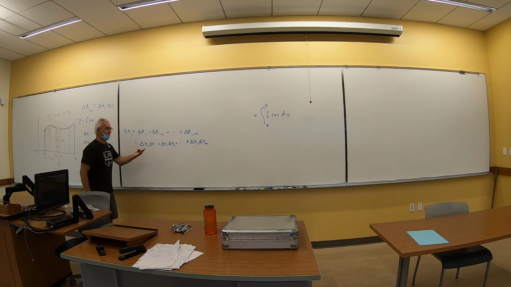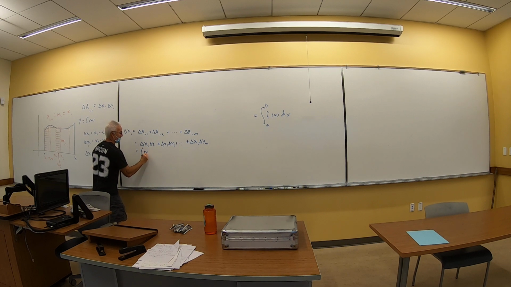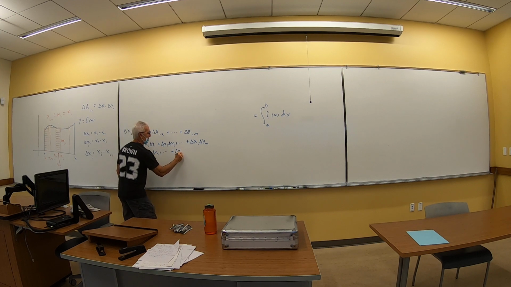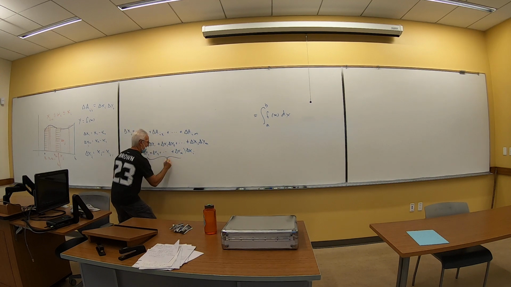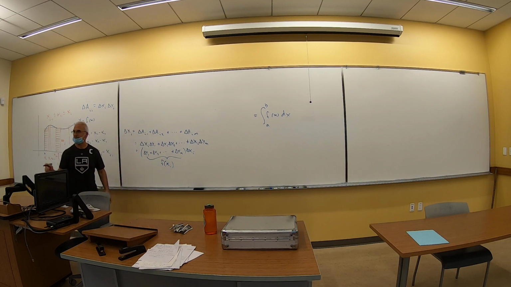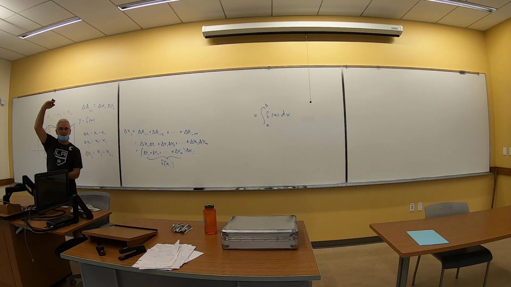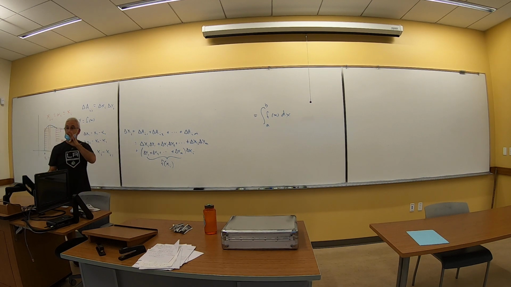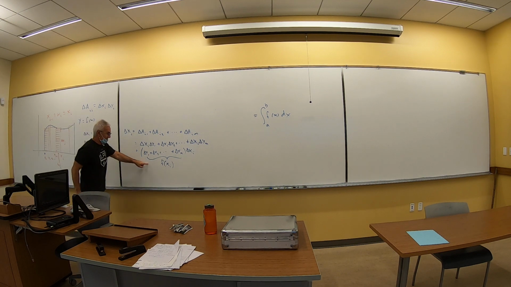And if I factor out the delta x_i, then what am I doing? These are y's, sorry. Well, that is f of x_i, or technically f of w_i, isn't it? That is the height of the rectangle. If I add up all these guys, I get the height of the rectangle. That's why I don't really need to use the f anymore, because that's what these guys add up to.